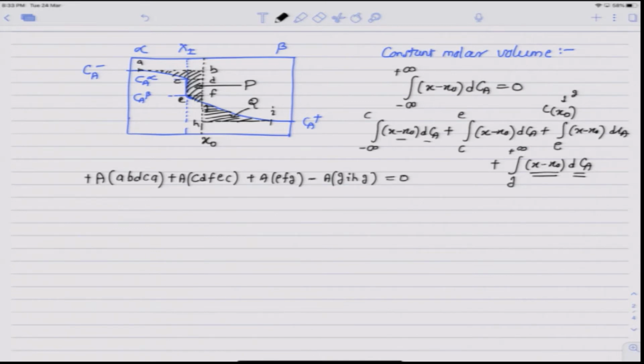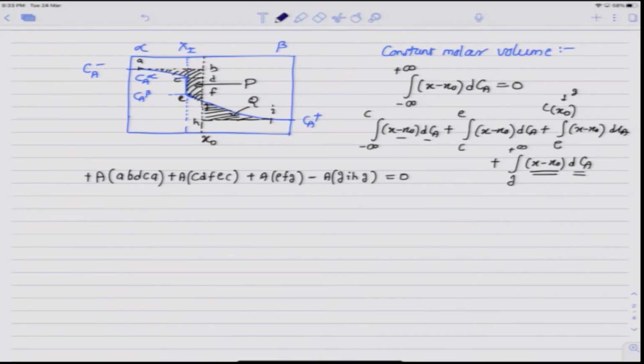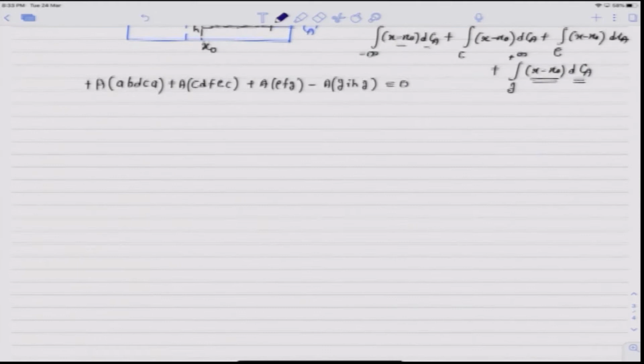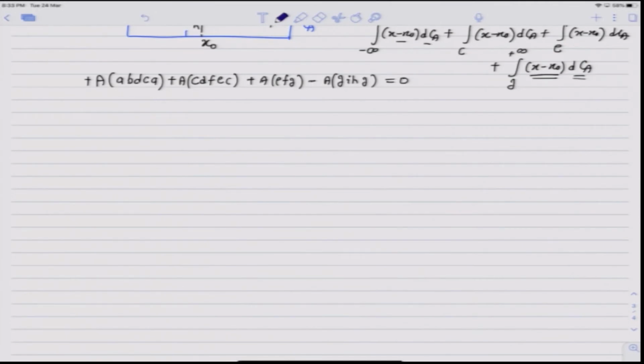So, a similar procedure can be applied for finding the Matano plane. The same equation can be used for finding fluxes as we used for single phase diffusion couples, that is J tilde at any position x should be equal to 1 over 2t times the integral from minus infinity to C at x of x minus x naught dC.